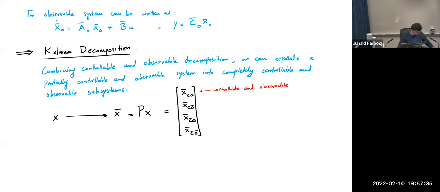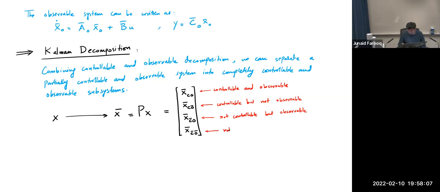So you can have a complete kind of decomposition of your system. So these states are controllable but not observable. These are not controllable but observable.